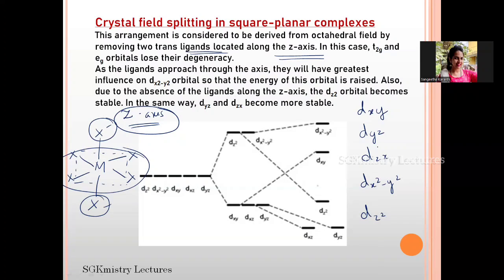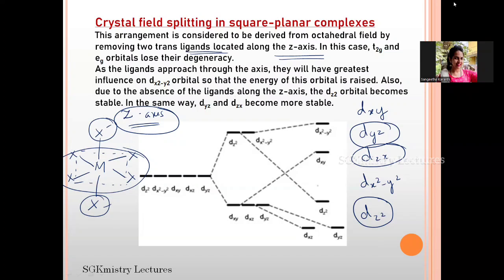Whichever orbitals have the z in them, here there is dyz, dzx, and dz square. Since the ligands are removed along the z-axis, there is no repulsion. If there is no repulsion, the energy is lesser. Remember this simple formula: more is the repulsion, more is the energy. Here there are no ligands as such.